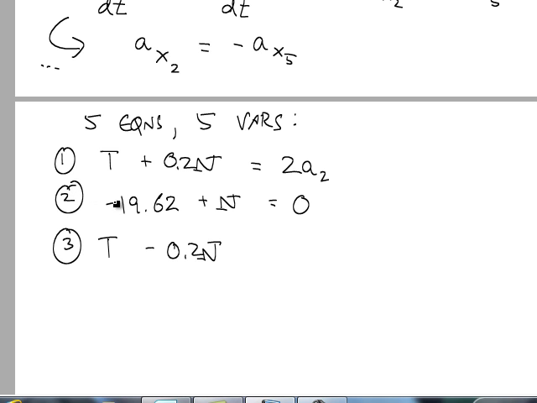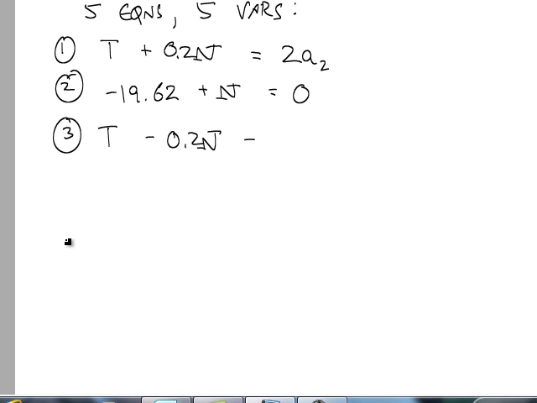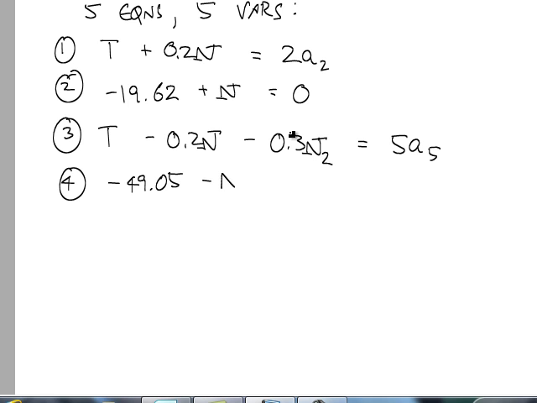The third equation says T minus 0.2 n minus 0.3 n2 is equal to 5a5. The fourth one says negative 49.05 minus n plus n2 equals 0.